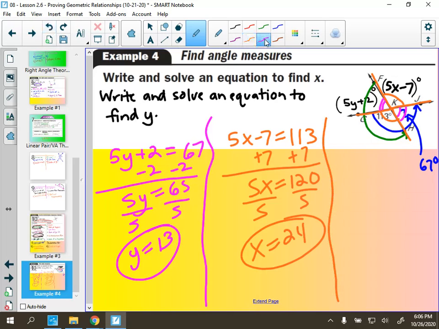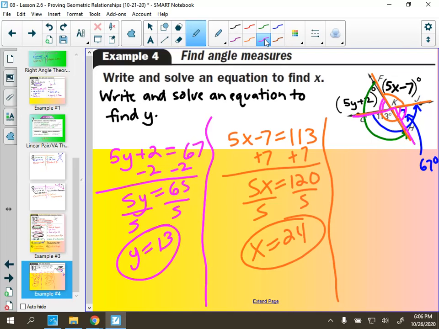Sorry, just if you wanted to see like a setup, if I wanted to say the measure, I could say like angle. It's really hard because I can't see my letters here.